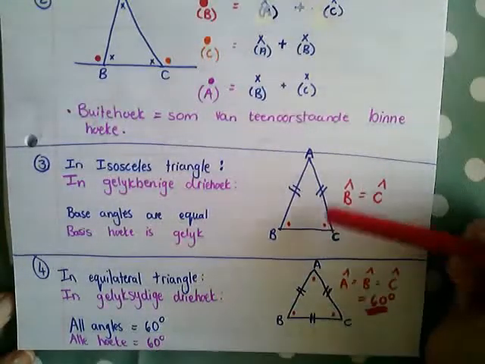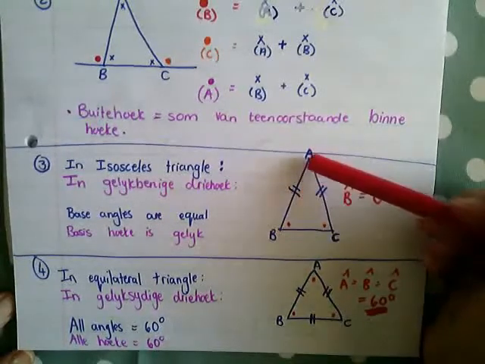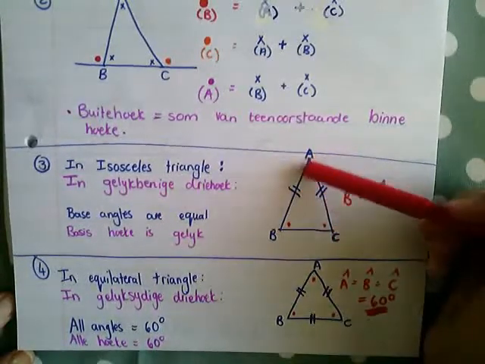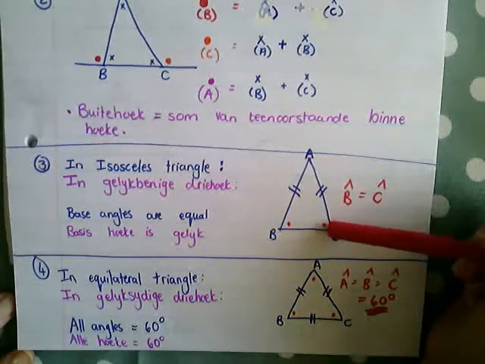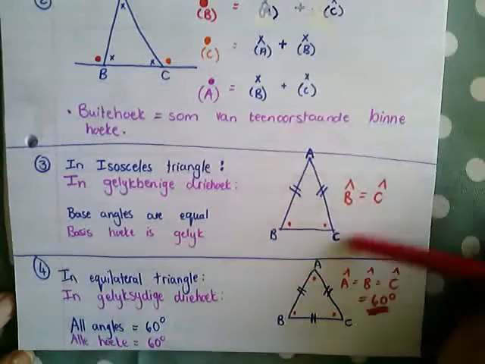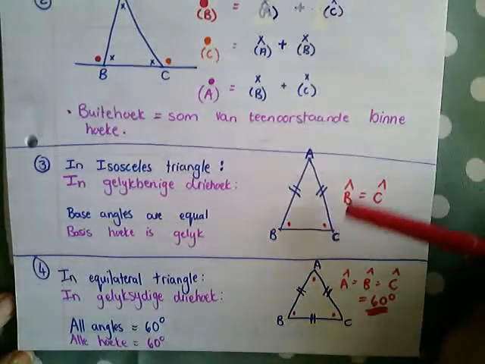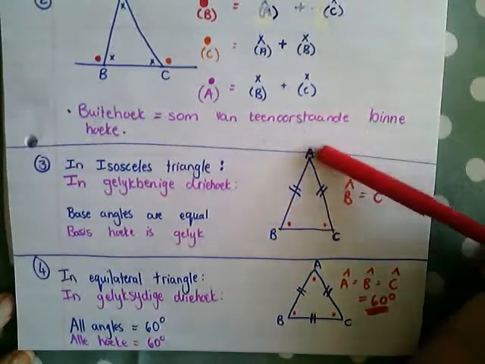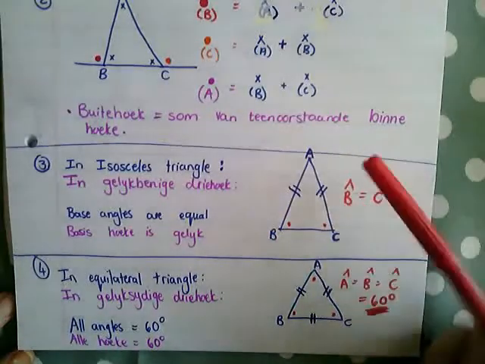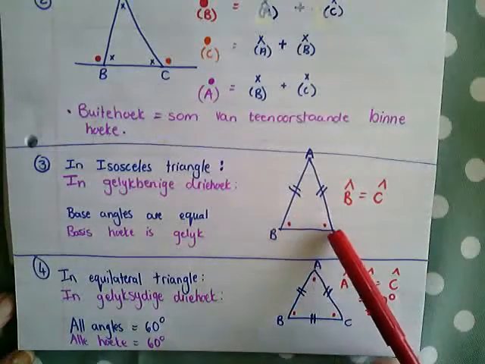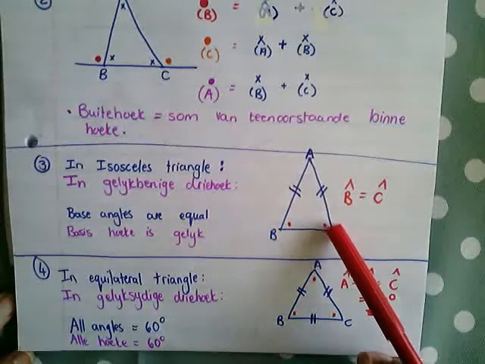So the 2 angles formed at the base of these 2 sides that are equal, they are called base angles. And in an isosceles triangle, these base angles are equal. So in 'n gelykbenige driehoek is die basishoeke gelyk. Met ander woorde, in hierdie driehoek is hoekie B gelyk aan hoekie C. So angle B is equal to angle C.